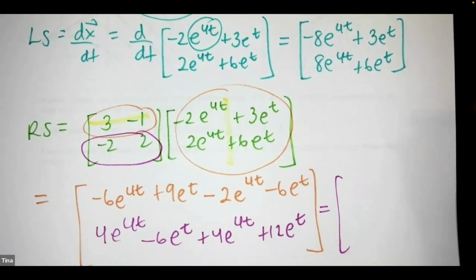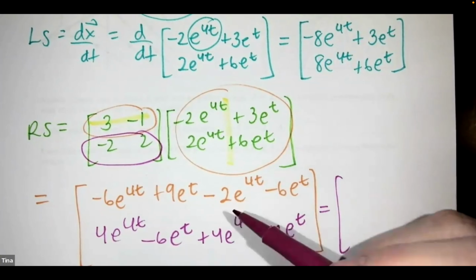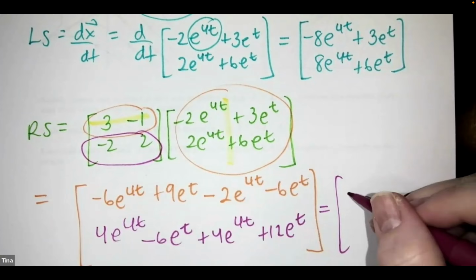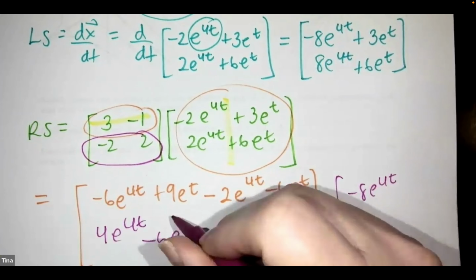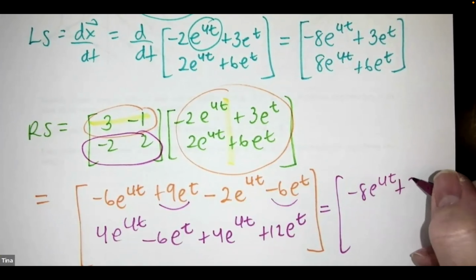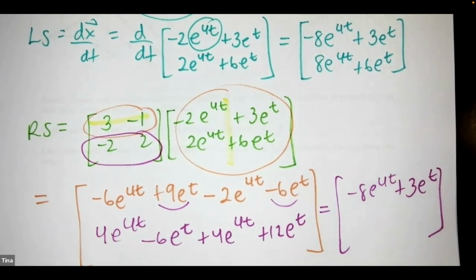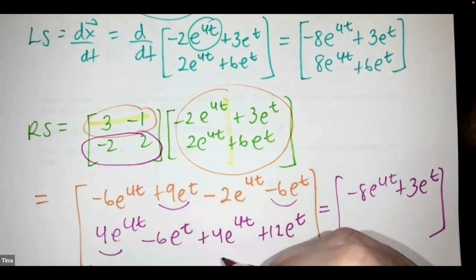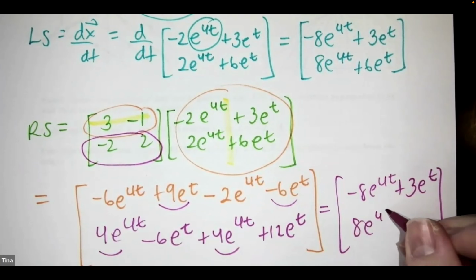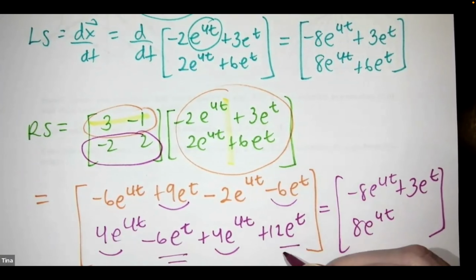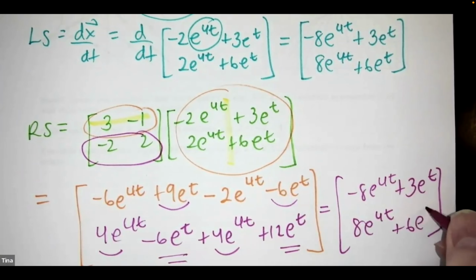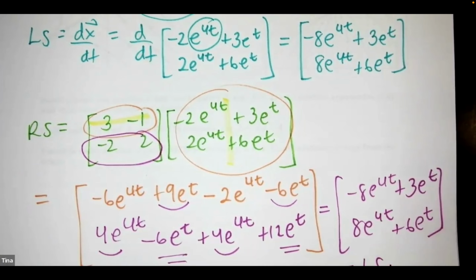And if you collect all those terms, negative 6 and negative 2 is negative 8 e to the 4t. 9 minus 6 is plus 3 e to the t. On the bottom, 4 and 4 is 8 e to the 4t. And 12 minus 6 is plus 6. So you can see that it's the same.